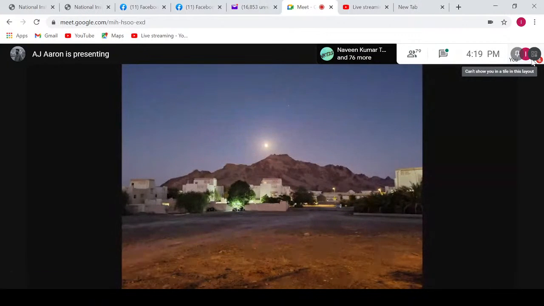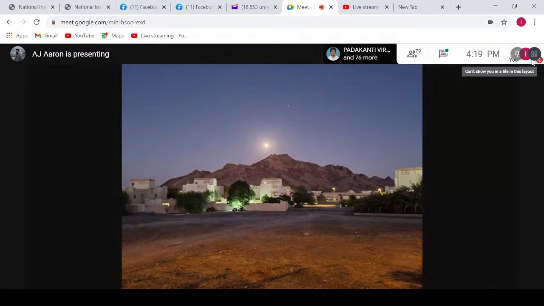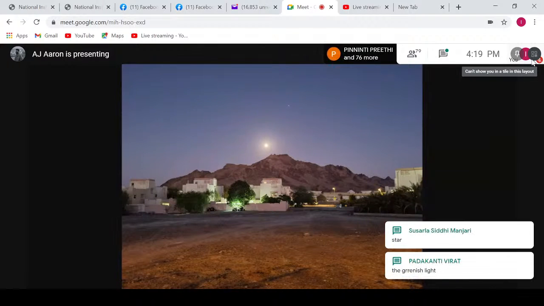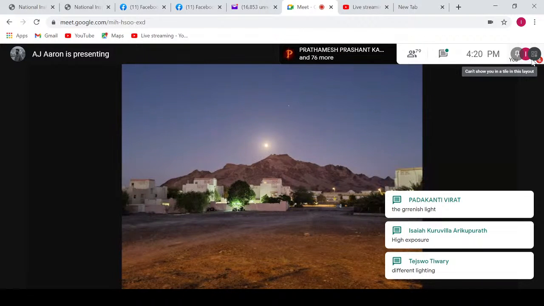Okay. Do you guys notice anything different about this? Why do you think it looks different? Do you think that something is really different about the image? Greenish light, no?